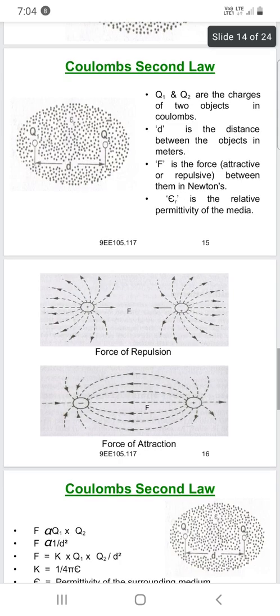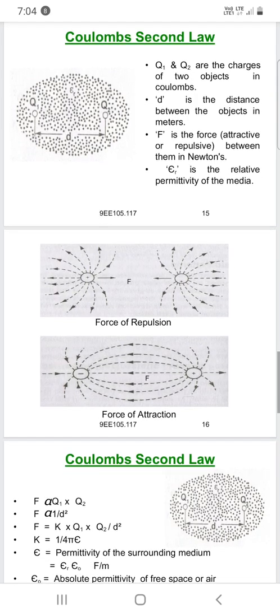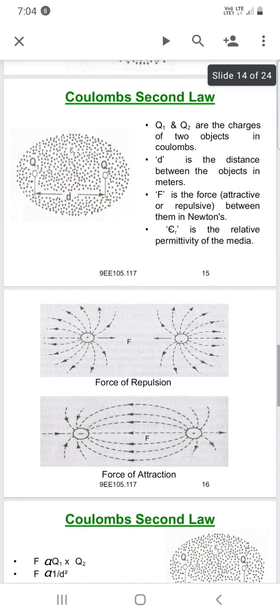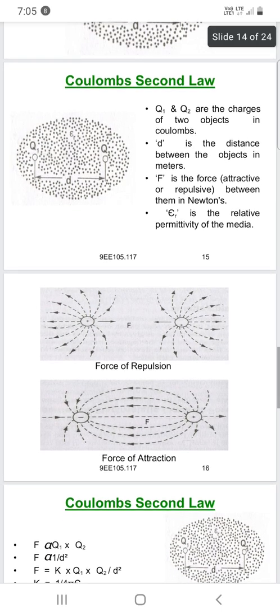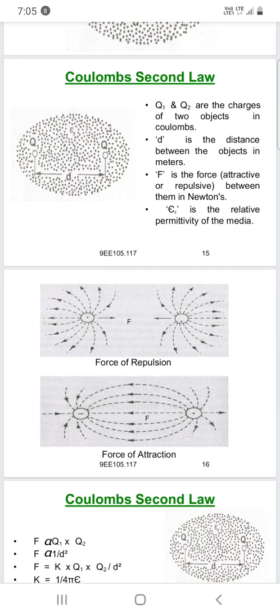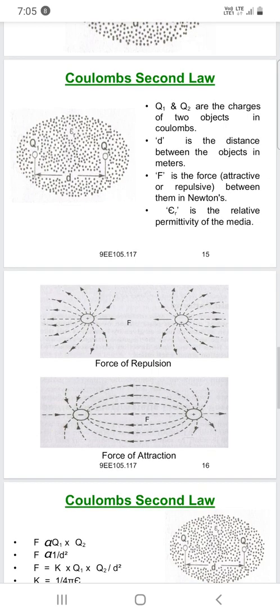If two like charges are there, the repulsion force is exerted. If two unlike charges are there, the attraction force is exerted.